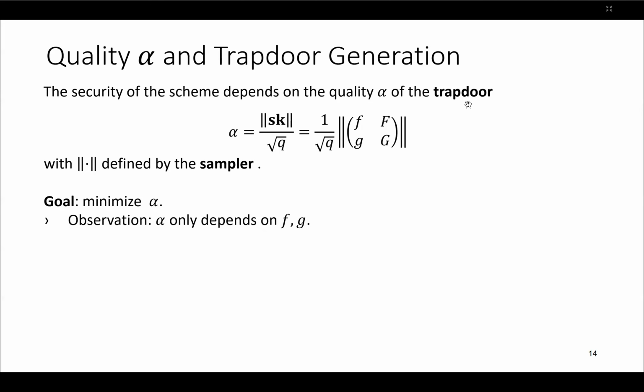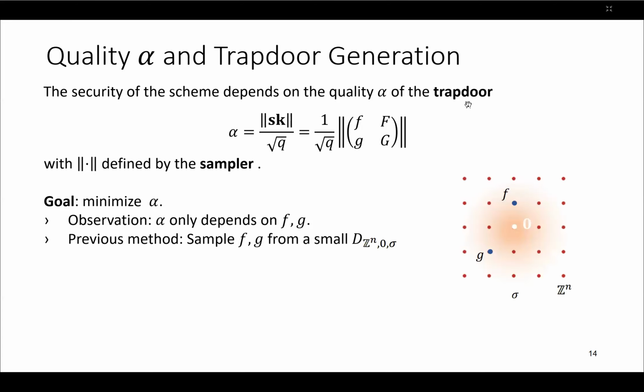The first observation is that alpha only depends on f and g, which means the first column of Sk, because the second one, capital F and capital G, are actually small solutions of the equation, which are totally defined by f and g. We will not talk about this today. Previous methods suggest sampling f and g from a small discrete Gaussian on Z^n centered at 0, because the only information we know about f and g from the construction of the lattice is that f and g are small polynomials.